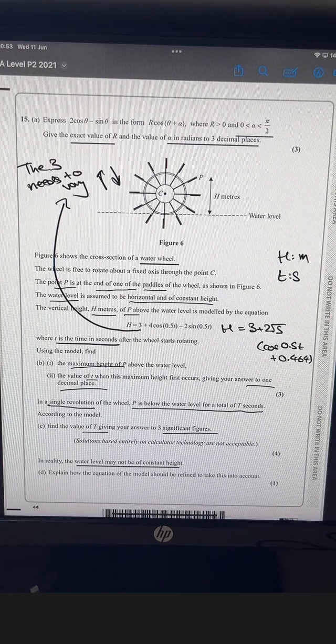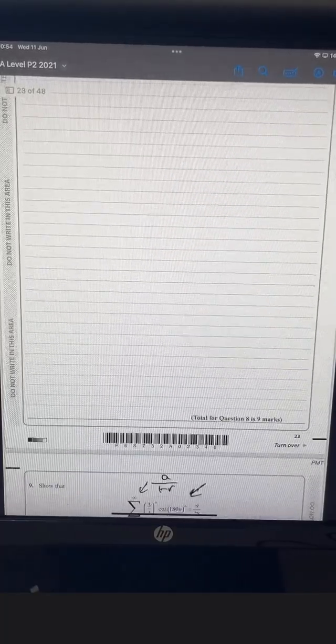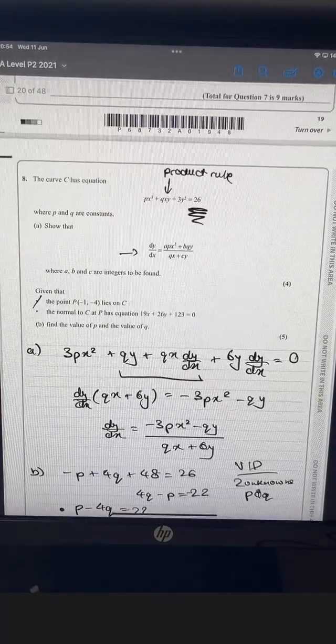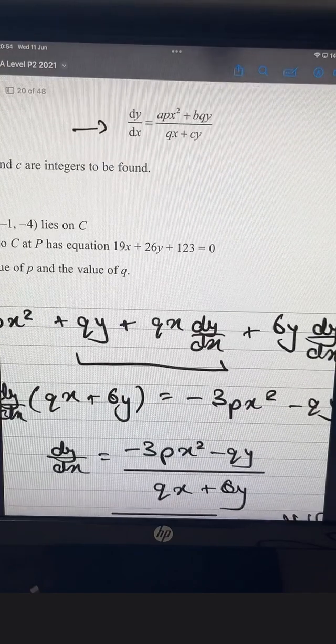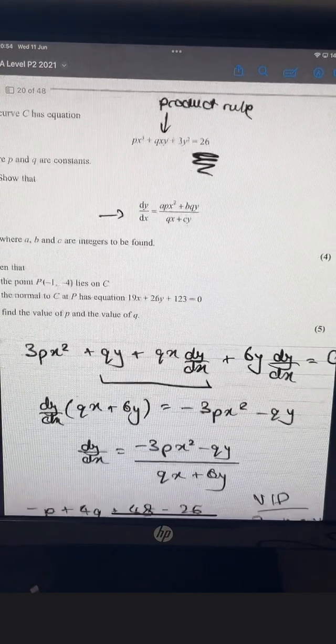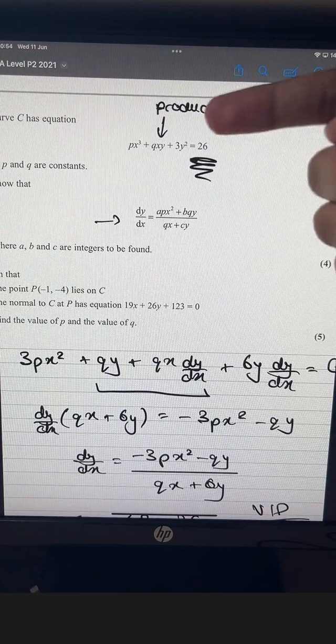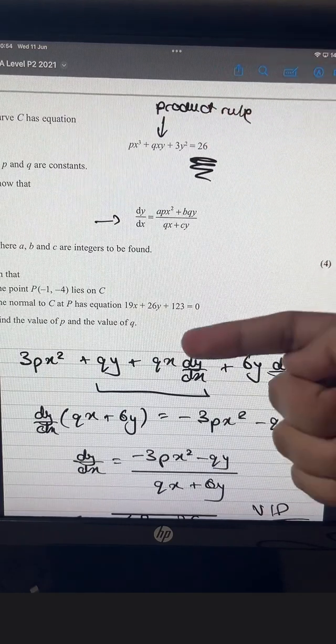I think, is there a question up here on that? Let me just check real quick, where you had to use product rule on implicit differentiation. Here, see the QY, the QXY up here, I noted use product rule. So I remembered to do product rule there. Like, that's a thing people also tend to forget.